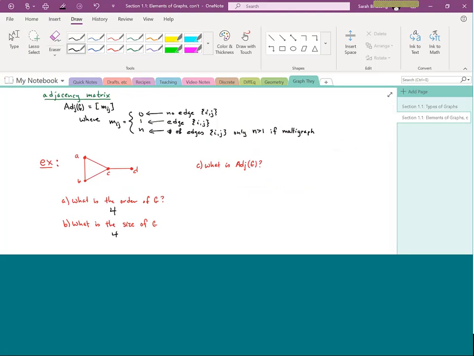Now, the point of this example was actually the adjacency matrix. So if we want to go ahead and build this adjacency matrix, here's what we'll do. Now, this particular matrix, the vertices are labeled not with integers or numbers. They're actually labeled with letters. So here's how you'd put that together if you have letters.